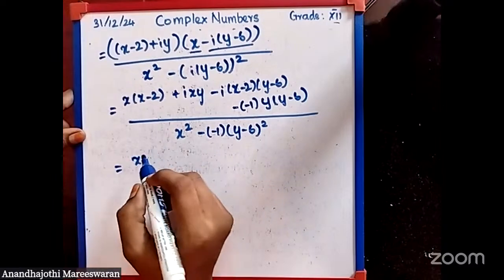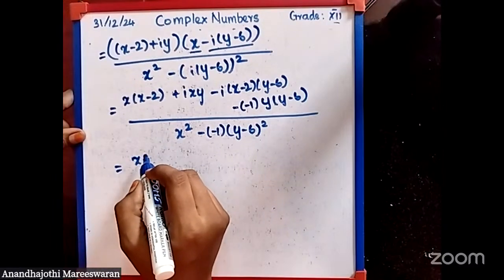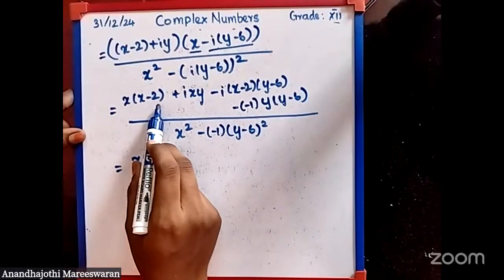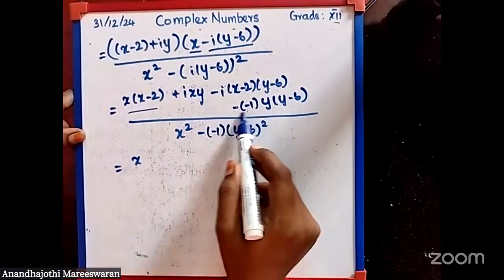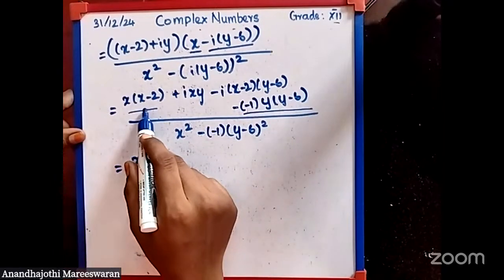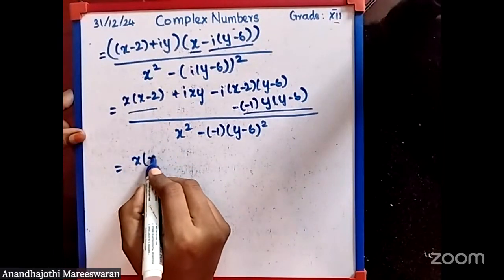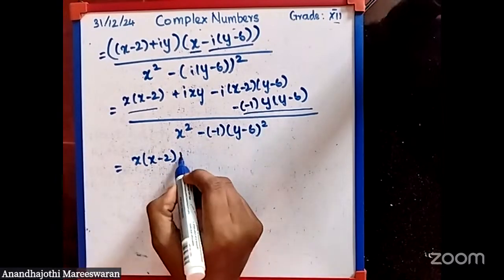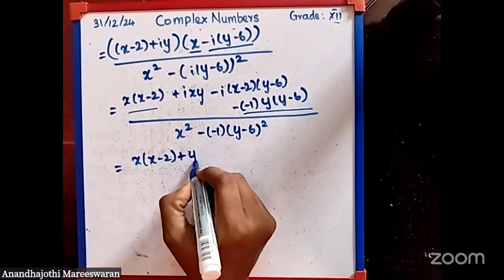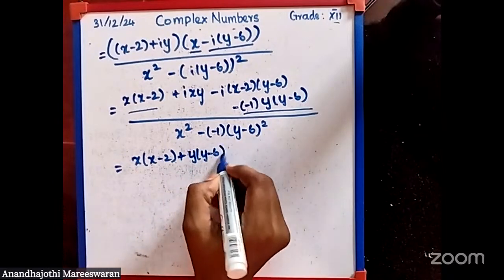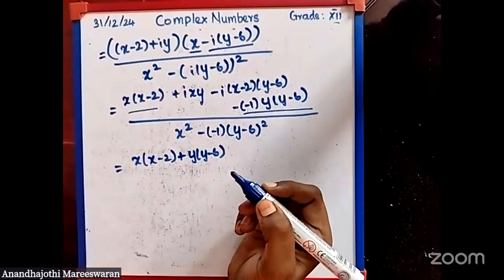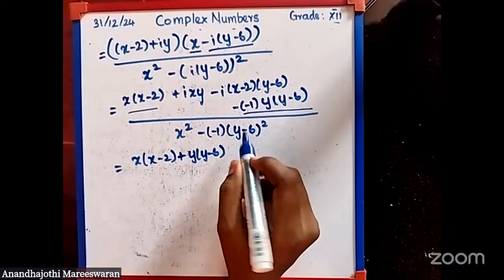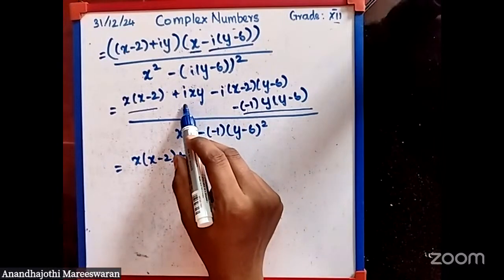So I'm going to separate the real part and imaginary part. Shall we start doing this? Yes. Who are the real parts here? This one and this one. So I can take this directly: x multiplied by (x minus 2) here, plus, since minus of minus 1 is plus, y multiplied by (y minus 6). And then who are the imaginary parts?